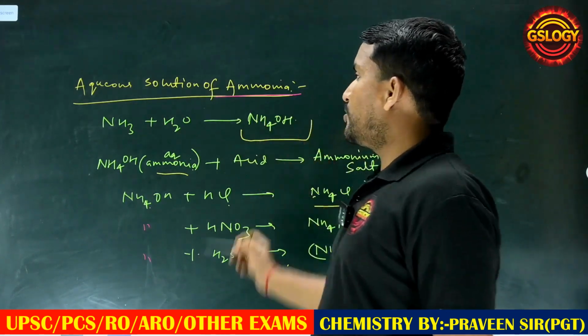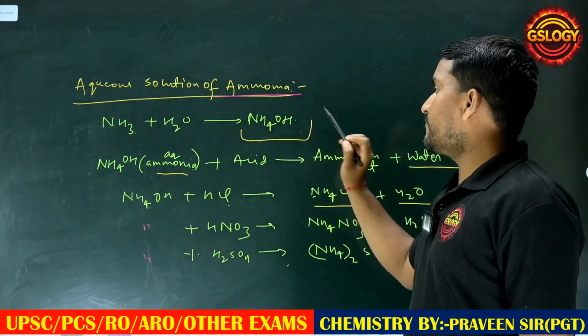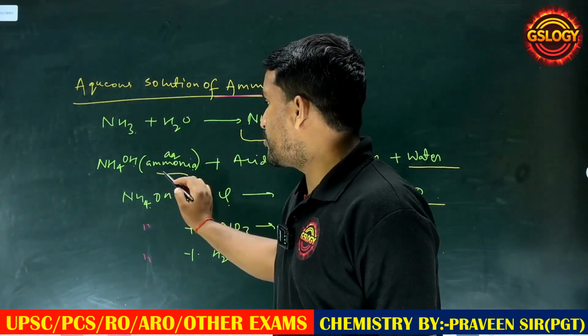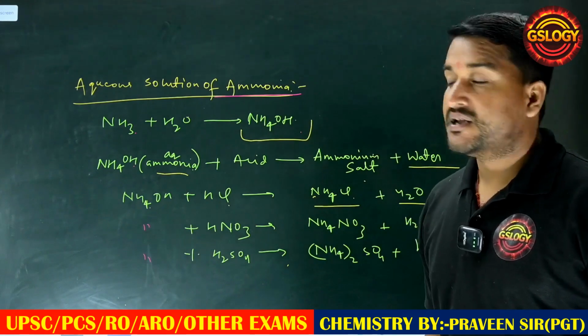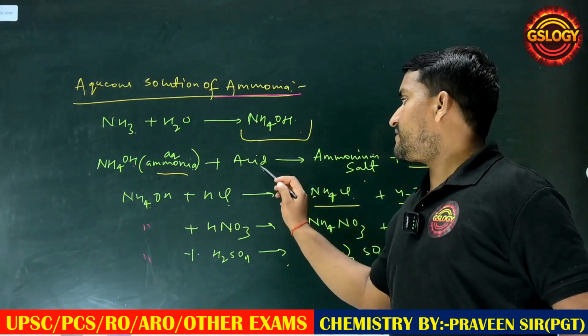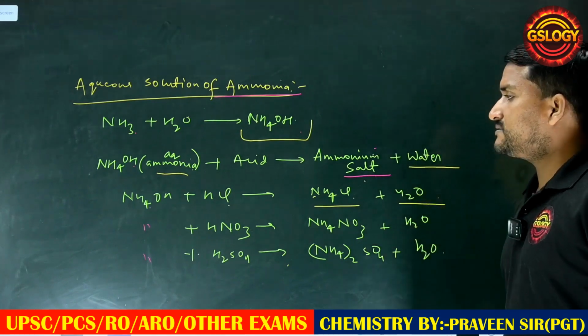Aqueous solution of ammonia. When ammonia reacts with water, it forms ammonium hydroxide, so aqueous ammonia means ammonium hydroxide. It reacts with acid to form ammonium salt plus water.